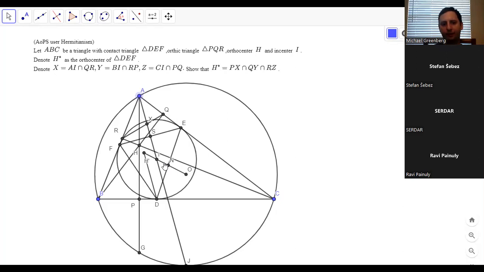Parallel diameters, that's right. That's pretty fascinating. I don't think it's going to help for this problem, but you never know. It's really interesting.